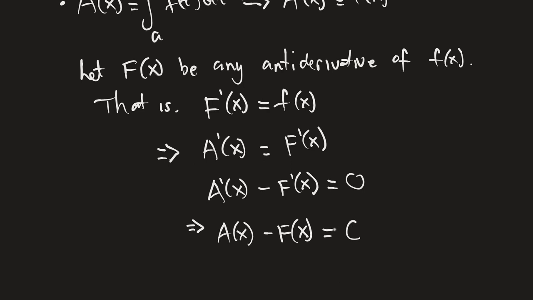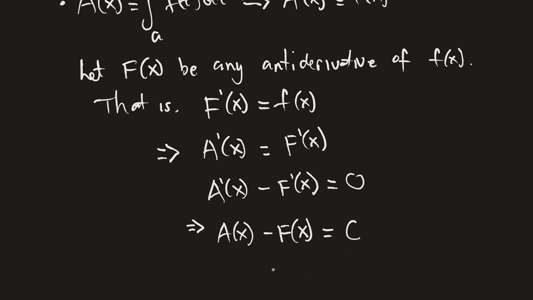Graphically, this tells me that this antiderivative of little f and this area function are vertical translations of each other. In other words, if you plotted both functions, the difference between their respective y values would always be the same, always this constant.